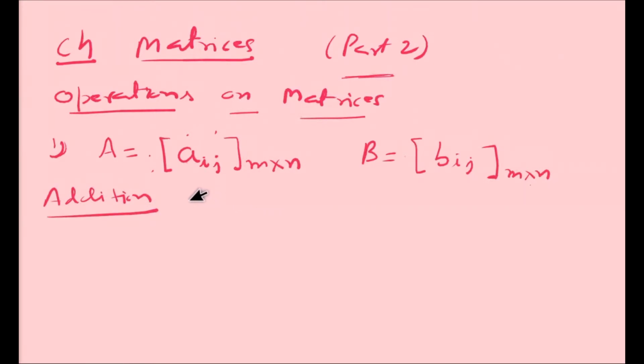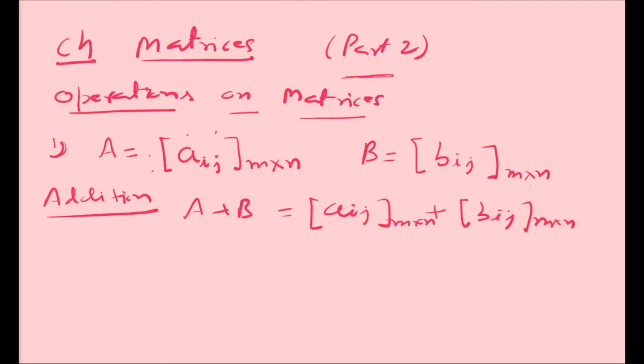For addition, when we go to add A plus B, we should first check the order should be same. Order should be same. Okay, if this order is same, then you can add this.